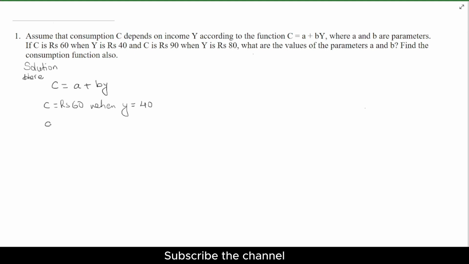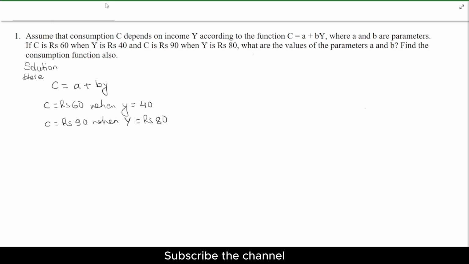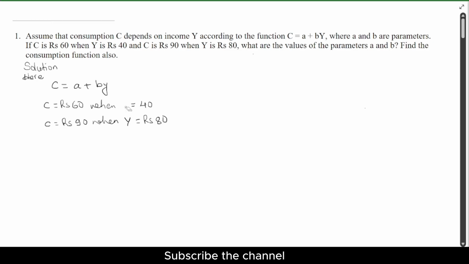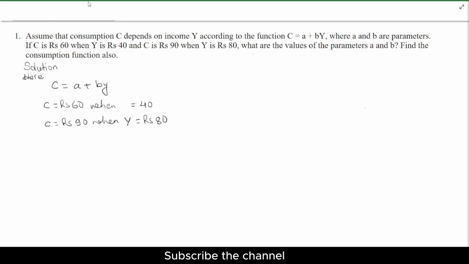Similarly, C equals rupees 90 when Y is equal to rupees 80. Let me change here. It should be capital Y.